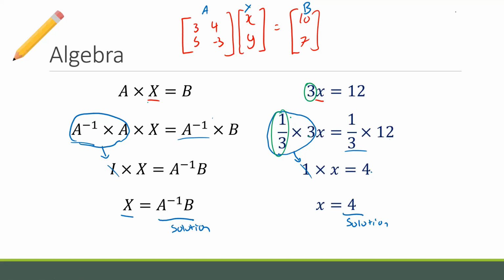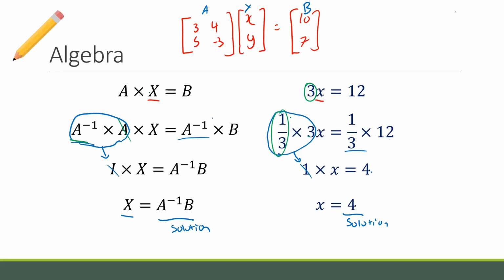The same happens here. By multiplying by an inverse, we cancel out this A, which leaves us with just the unknowns. And then once you have just the unknowns, you'll be able to solve it.